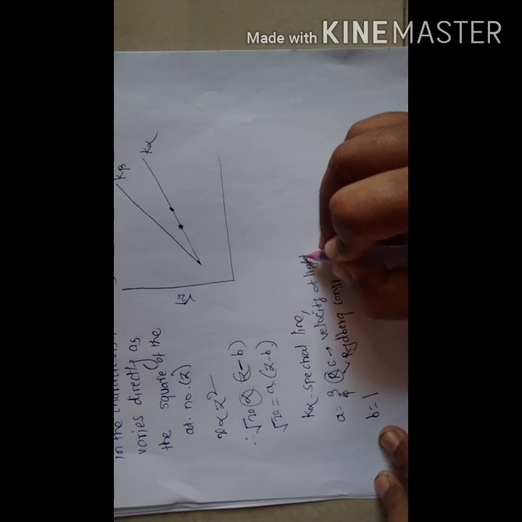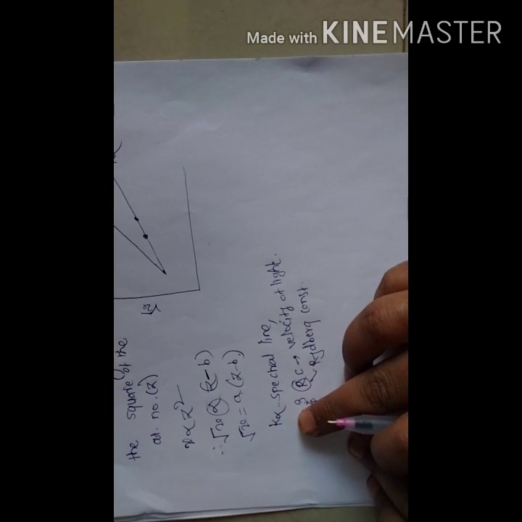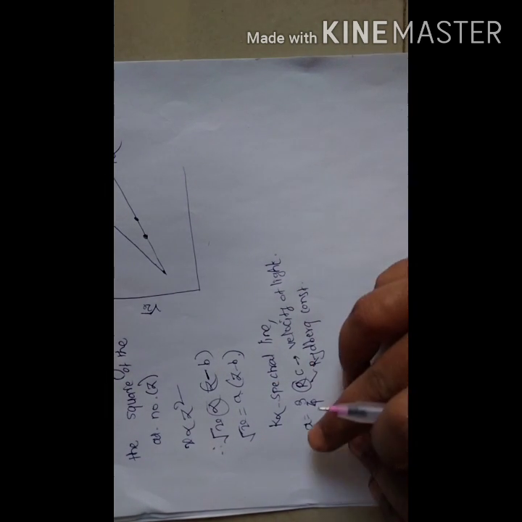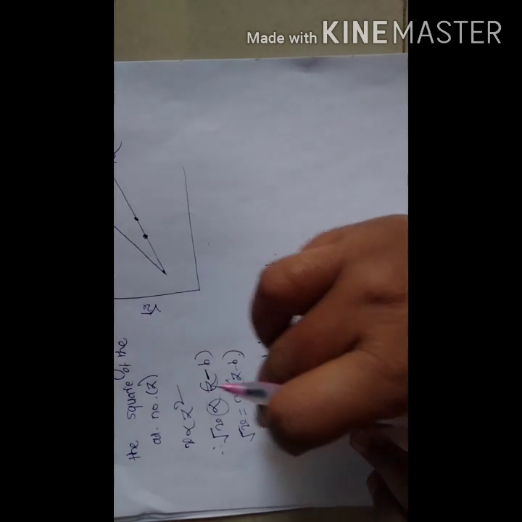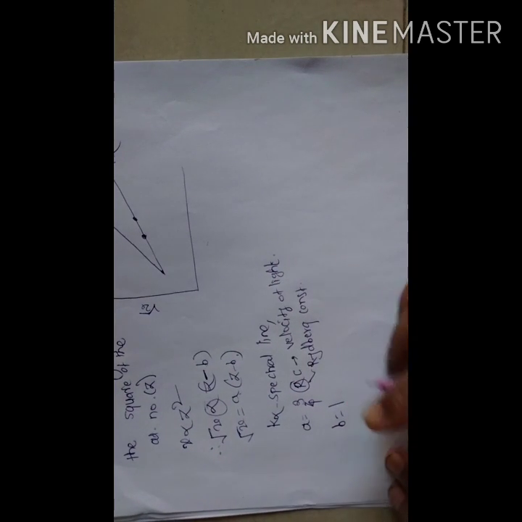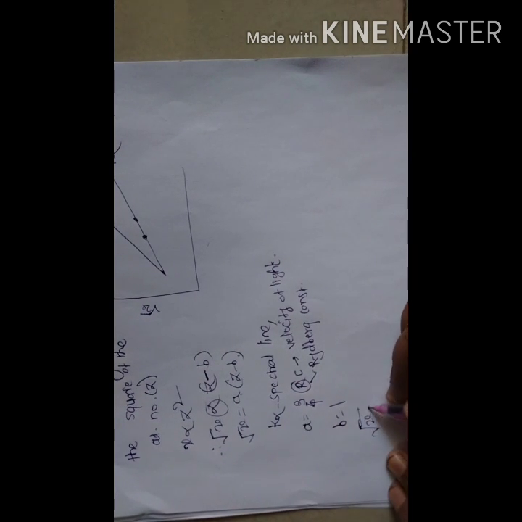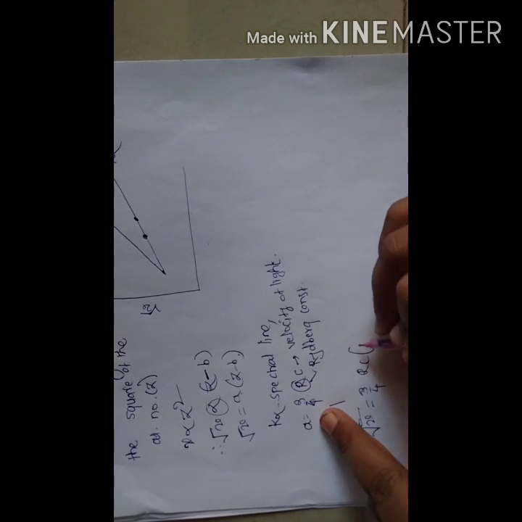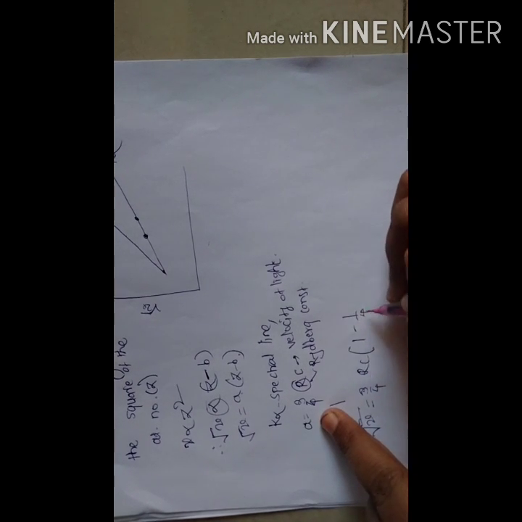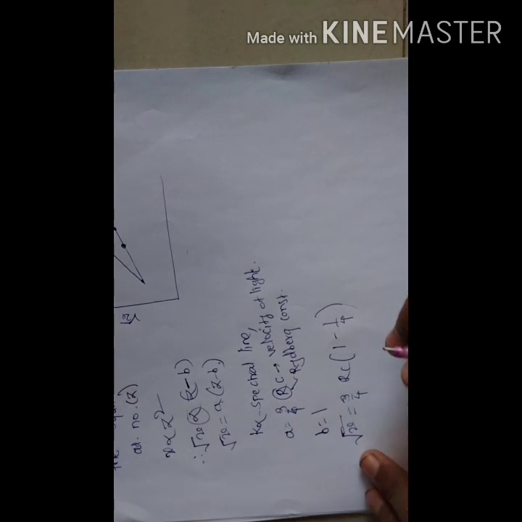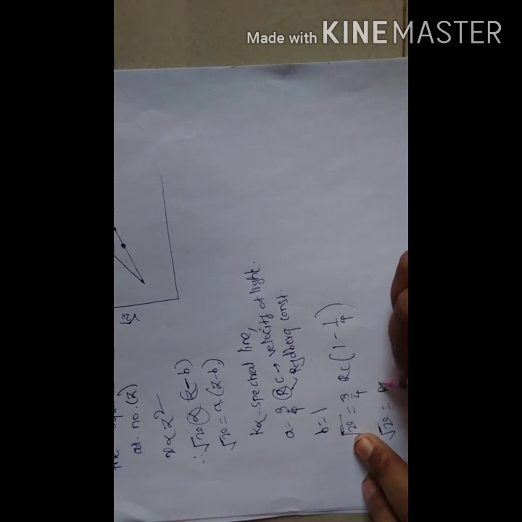Okay, so the value of this in the case of K alpha spectral line. By putting this value here, we will calculate the value of nu: root nu is 3 by 4 Rc, 1 minus 1 by 4, Rc into (Z minus 1).